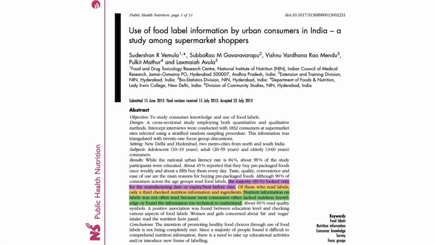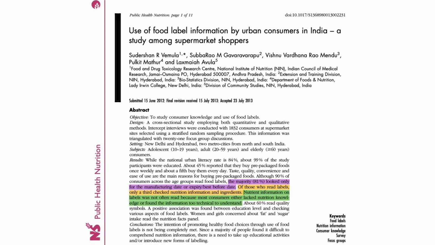Although nutrition labels have gotten better and more detailed, the information they provide is not being used by the public. One study showed that 81% of the people surveyed looked only at the manufacturing date or the best before dates. Of the 81% who read labels, only a third checked on the nutrition information and the ingredients that it contained.